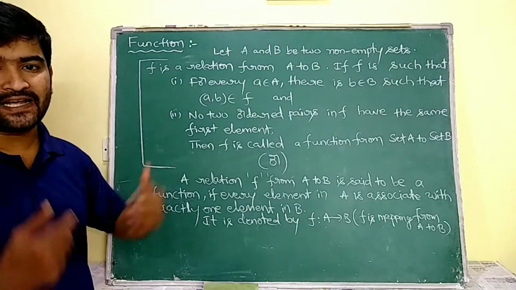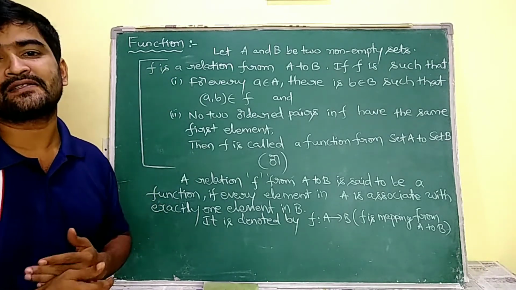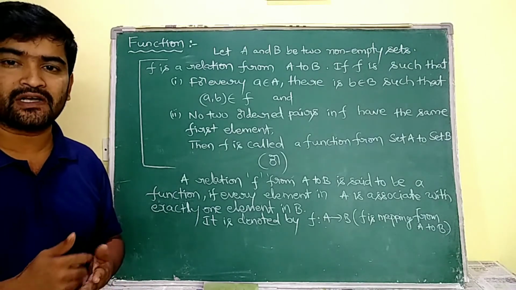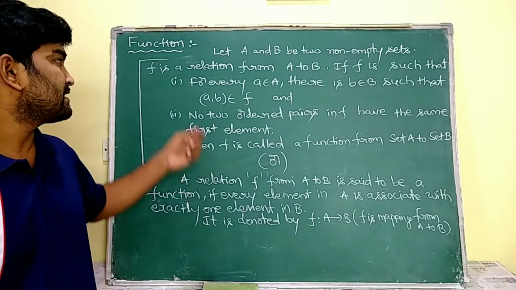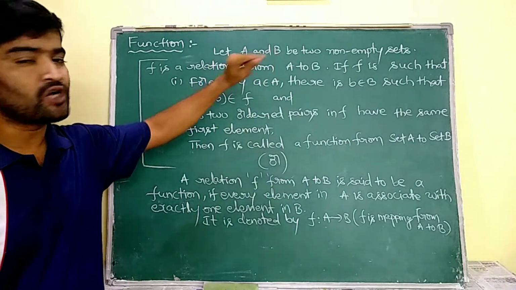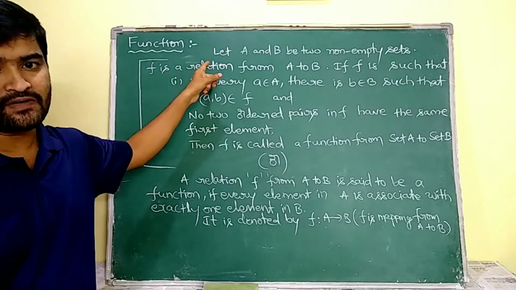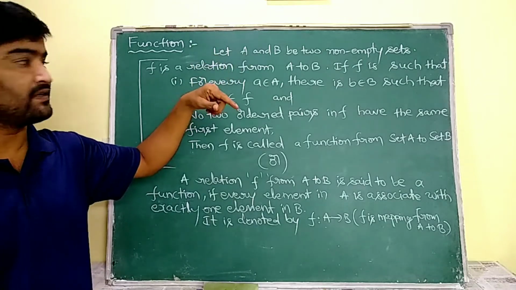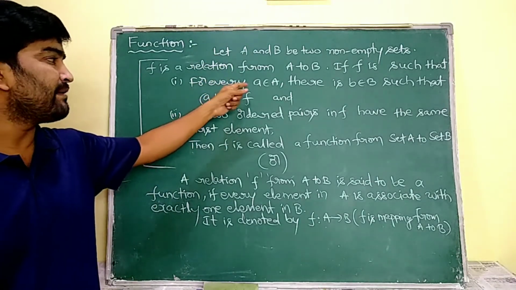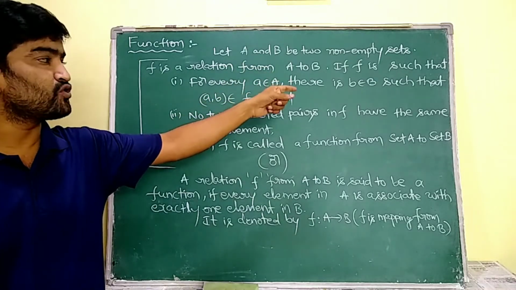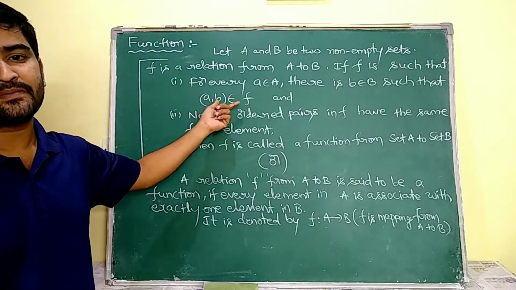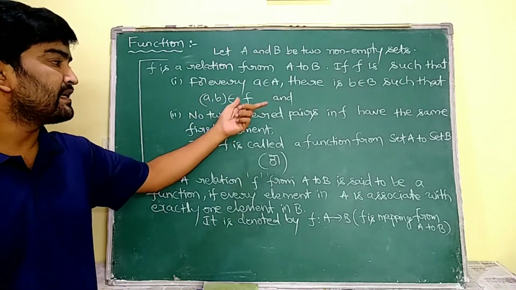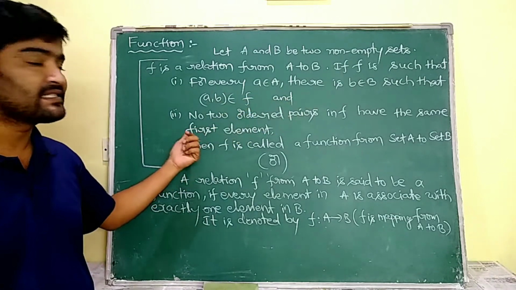Firstly, we consider that F is a relation from A to B. Then this F is said to be a function when, for every a belonging to A, there exists some b belonging to B such that (a, b) belongs to the relation F, and no two ordered pairs in F have the same first element.